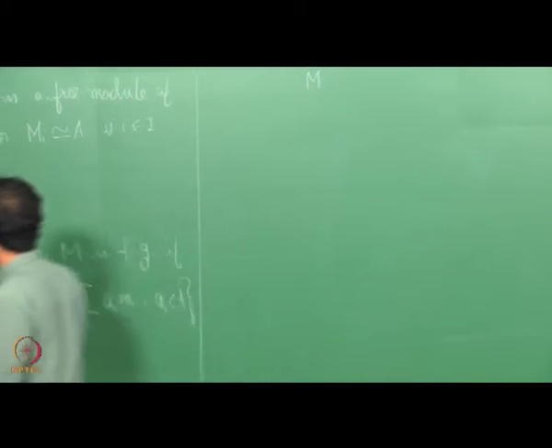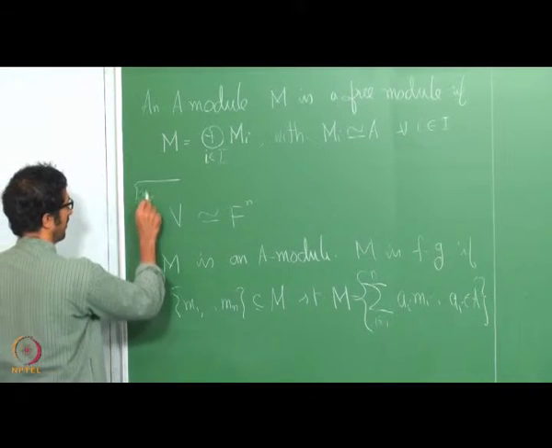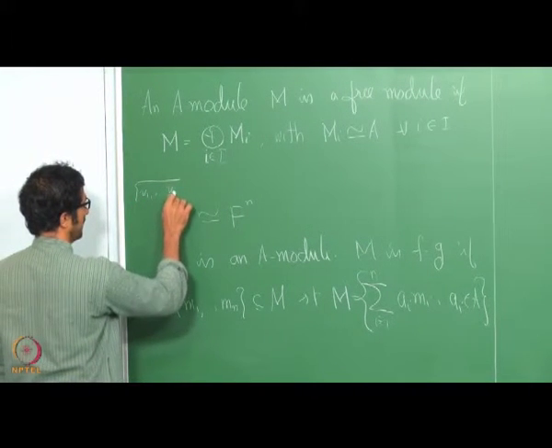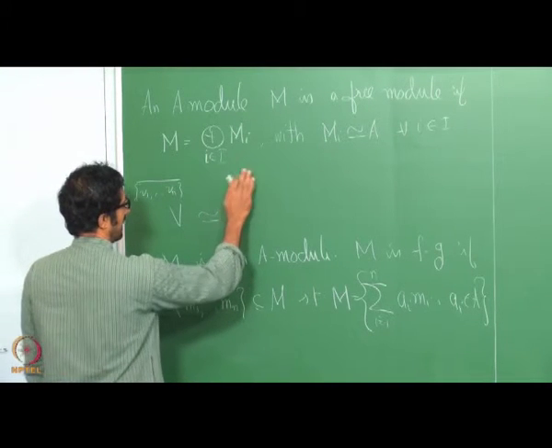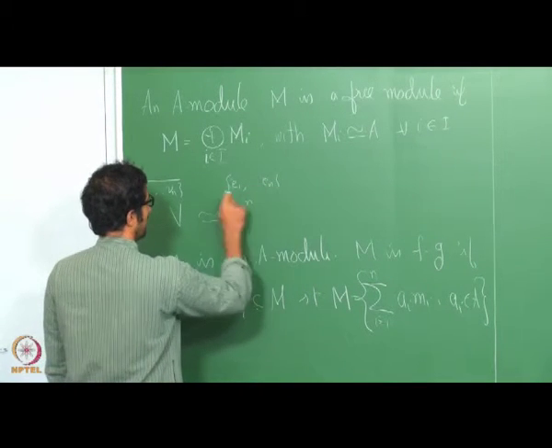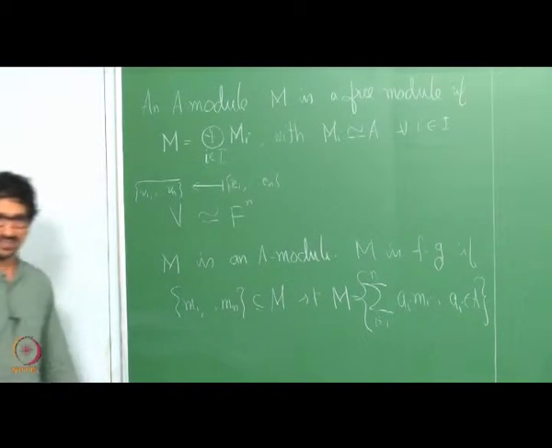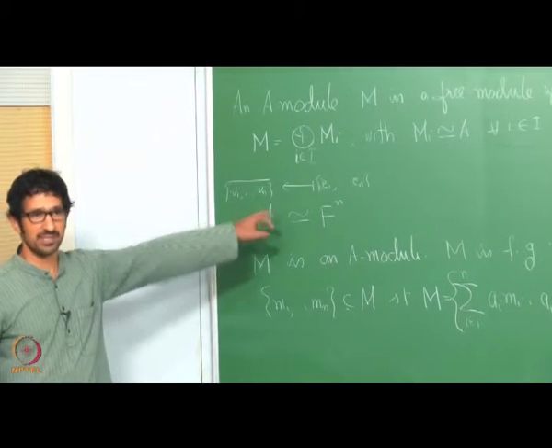So here we could think, given a basis V1 up to Vn, we usually define a map from Fn to here, with Ei, the standard basis, being mapped to this basis.